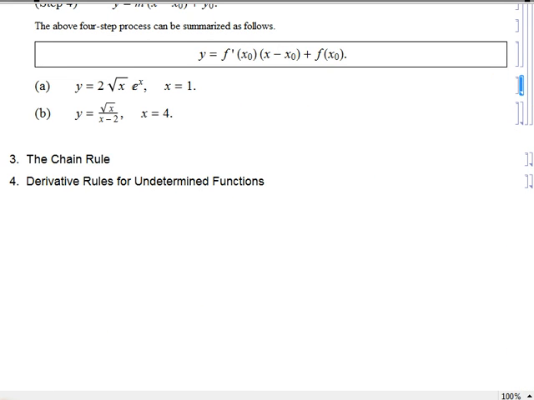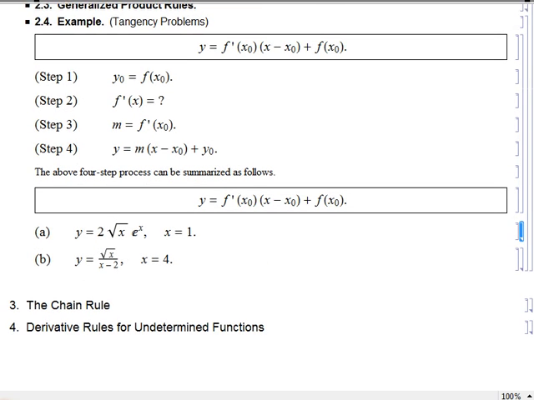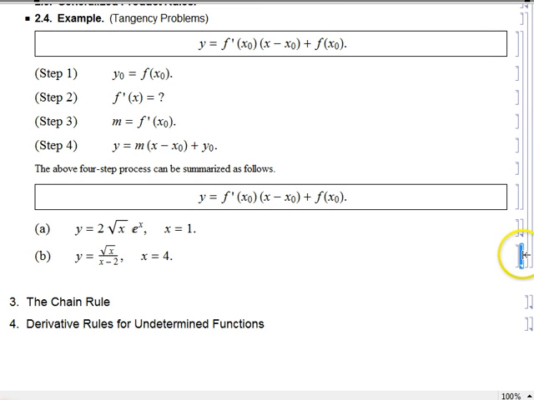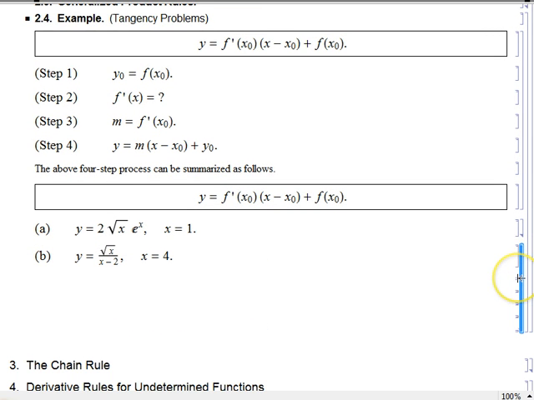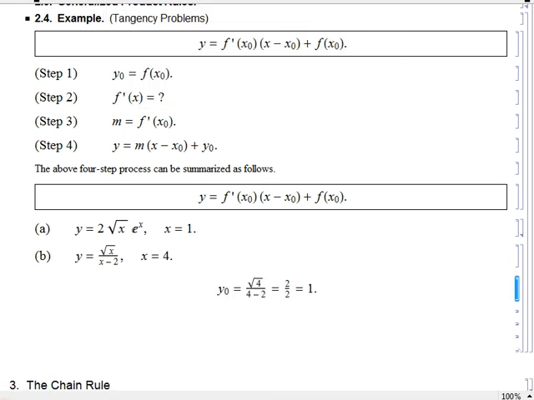Okay. How about this problem? This problem is an application of the quotient rule with tangency, and let's simply follow the same step-by-step process. Plug in to get y naught, because x naught is given as 4, so let's do it. Plug in x equals 4, we have 1. And then let's take the derivative.